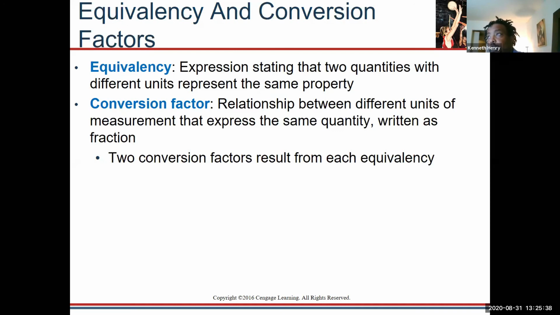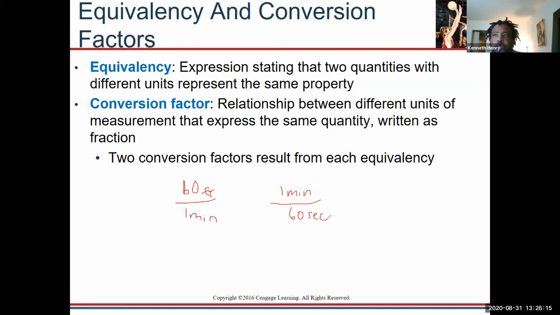As we had written earlier, we had 60 seconds on top and 1 minute on the bottom, or I could have written it as 1 minute on top and 60 seconds on the bottom. Depending on what my given was, I can make that adjustment.